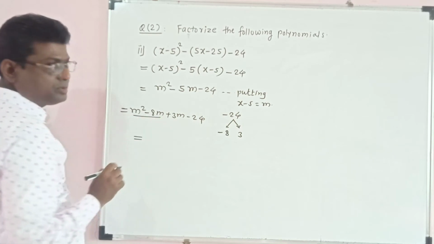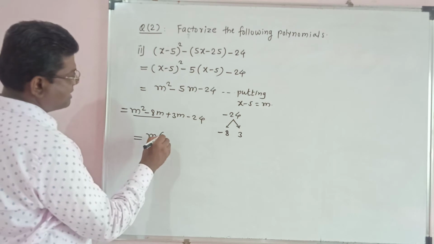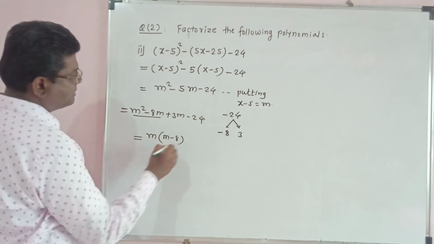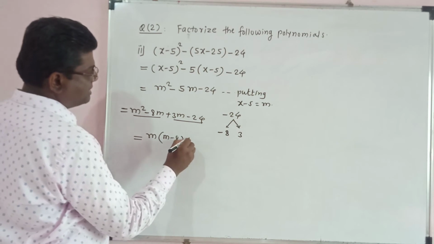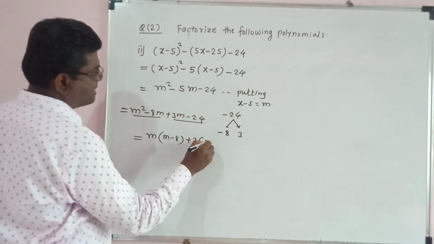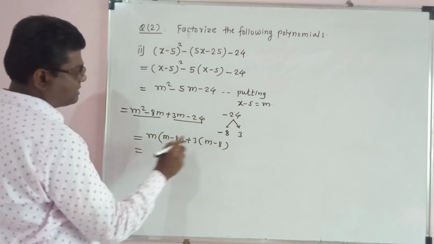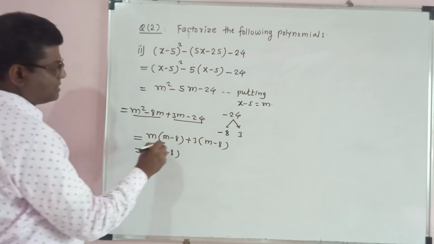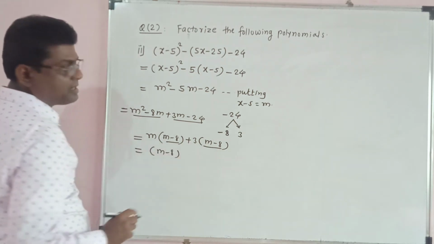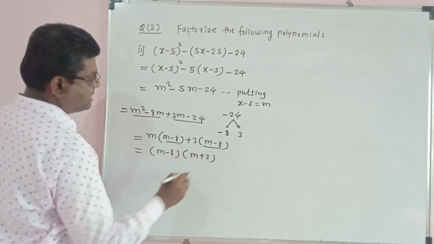Now in these two terms we can take m common, so m in bracket m minus 8. Now in these two terms we can take 3 common, so 3 in bracket m minus 8, is equal to m minus 8. We can take a common factor m minus 8 in first bracket, and in second bracket we can write m plus 3.